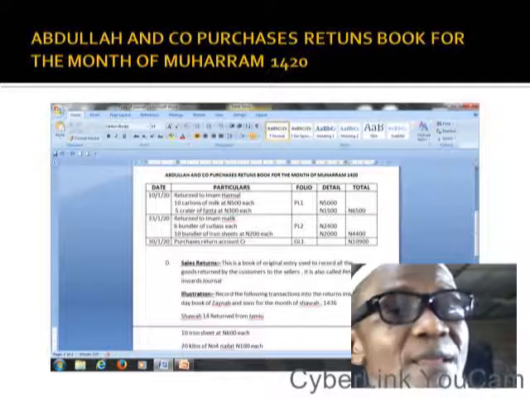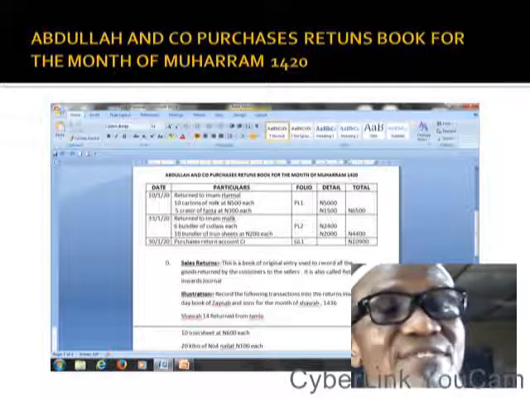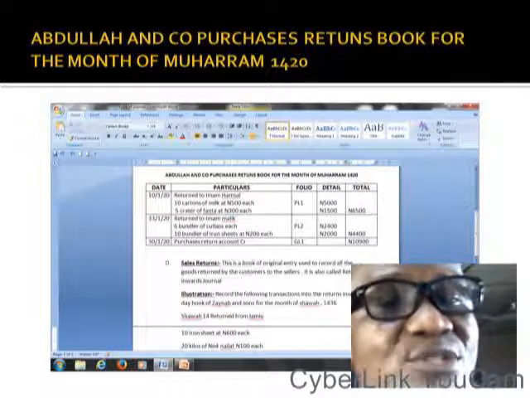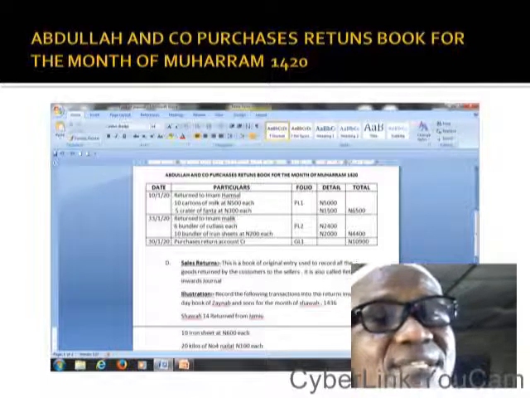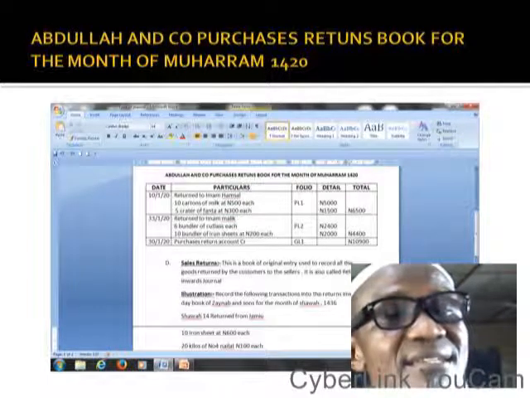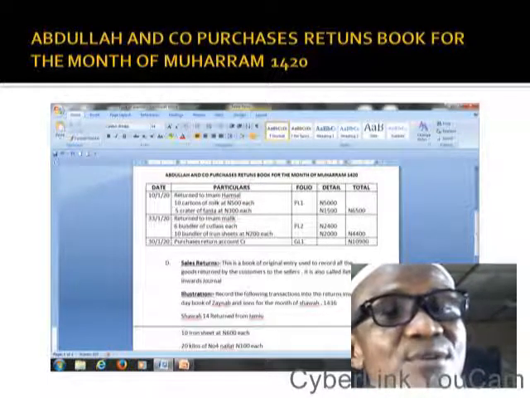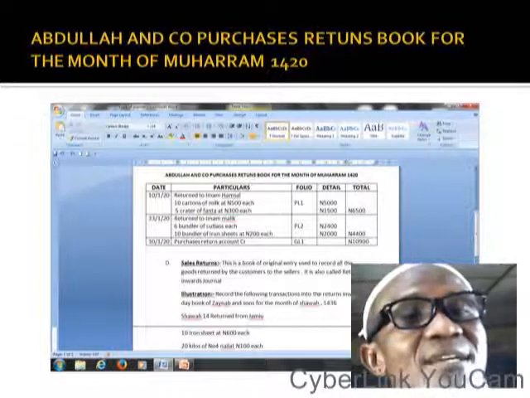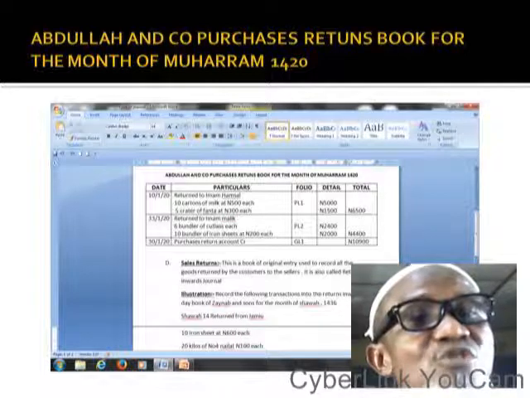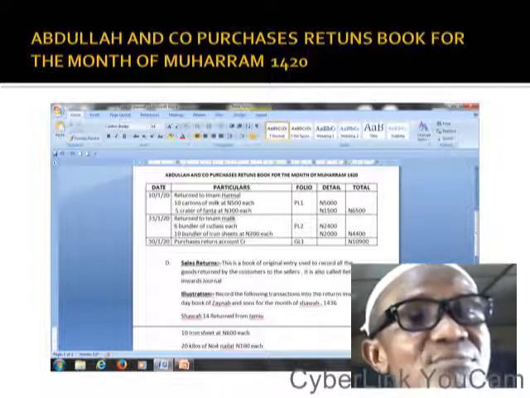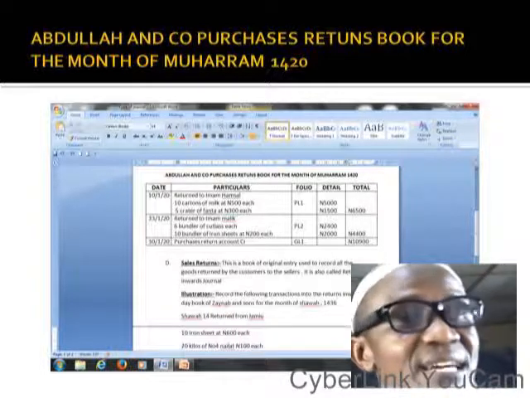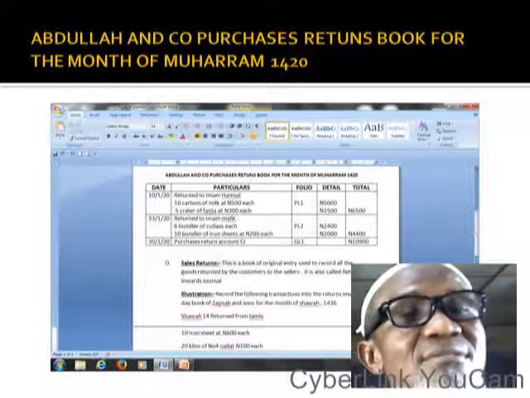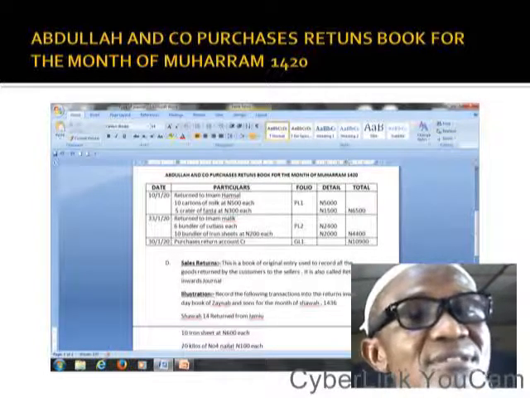So you have your money back and you return that very goods to the person that supplies the goods. So this is the procedure. Once again, the purchases return book may be prepared at the end of the month.